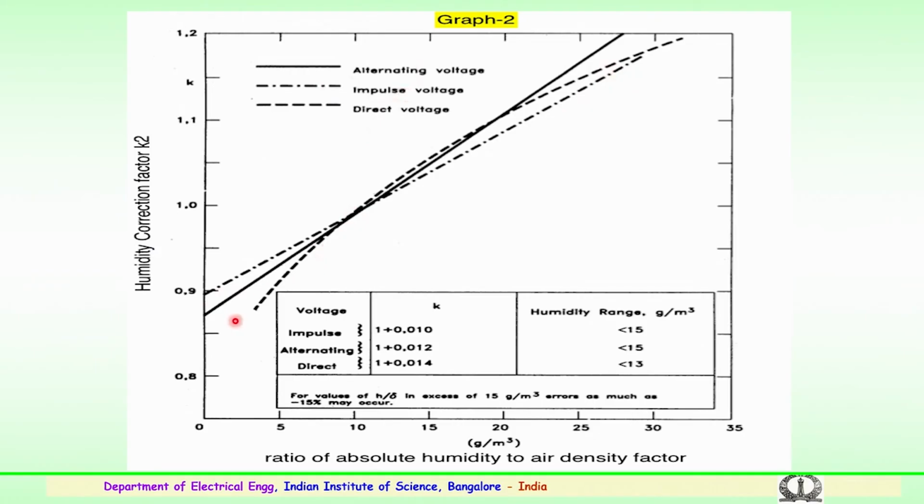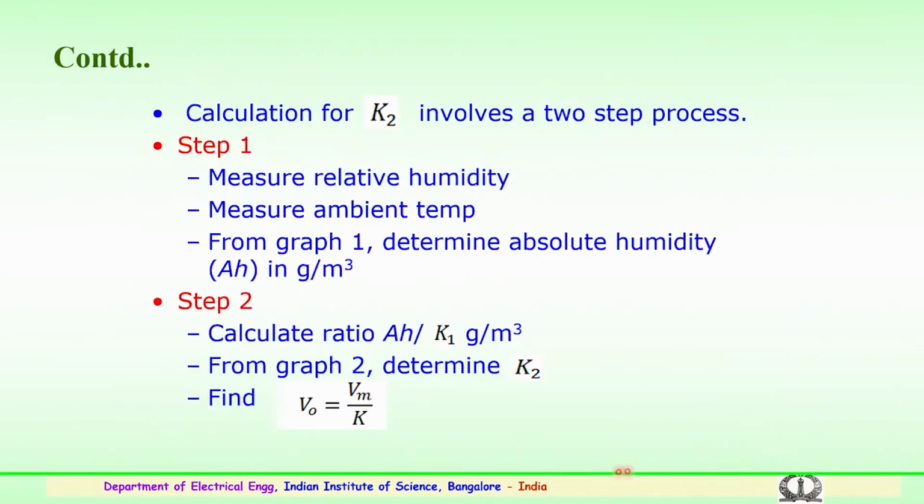In case of DC voltages, this is the curve to be referred to. So, for a particular value, say 15 grams per meter cube, for DC measurement with the sphere gap, we have to focus on the DC curve, where we get the value suitable to the DC level, and further the correction factor K2 is obtained. This is how the factors K1 and K2 are obtained.